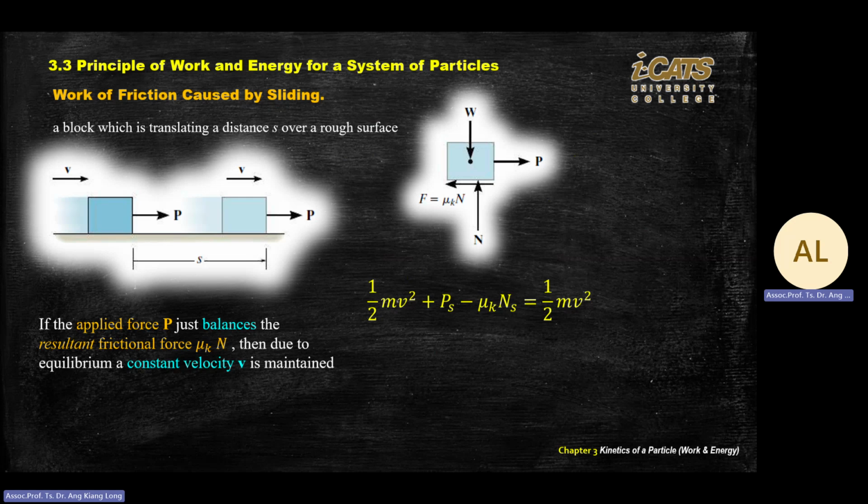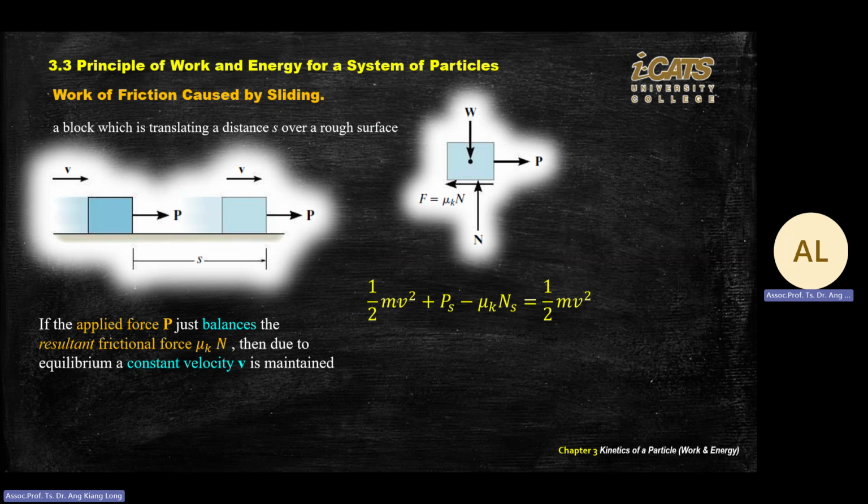So on the left you calculate work, meaning force multiplied by distance, for all the forces. P is a force, friction is a force. So P multiplied by distance, friction multiplied by distance. So you have PS, and this is minus because the vector direction is different. The mu K and S are also wrong. My subscript S here should be a big S, the distance, because friction multiplied by distance traveled is your work. So wrong notation on my slides.